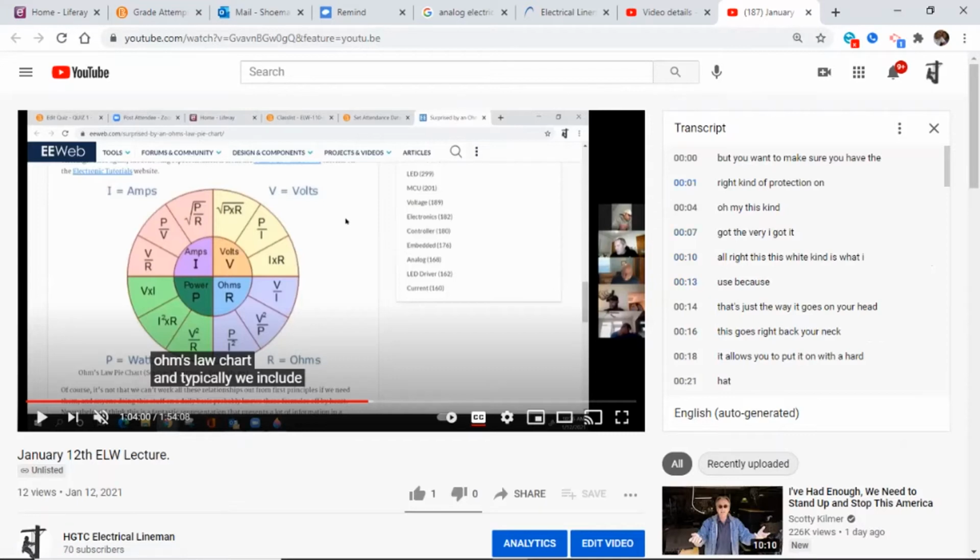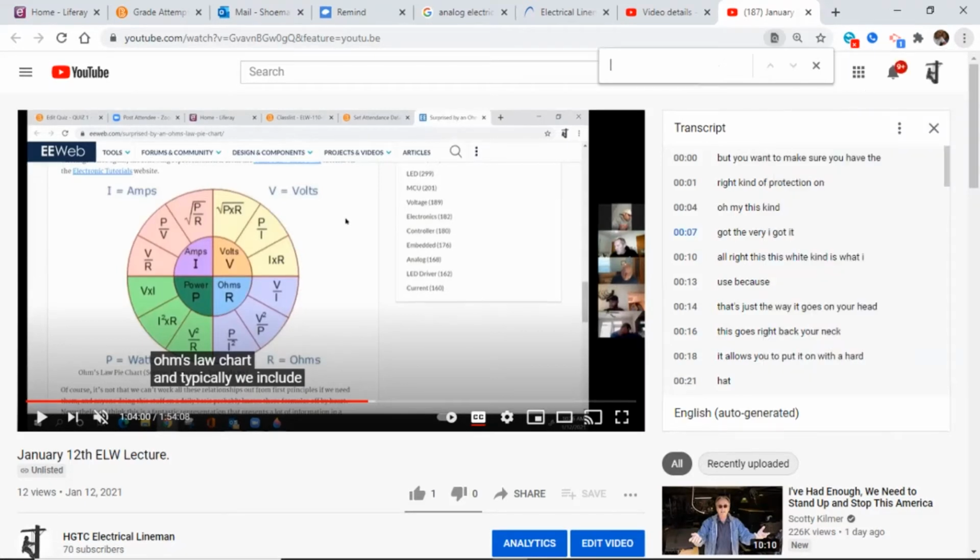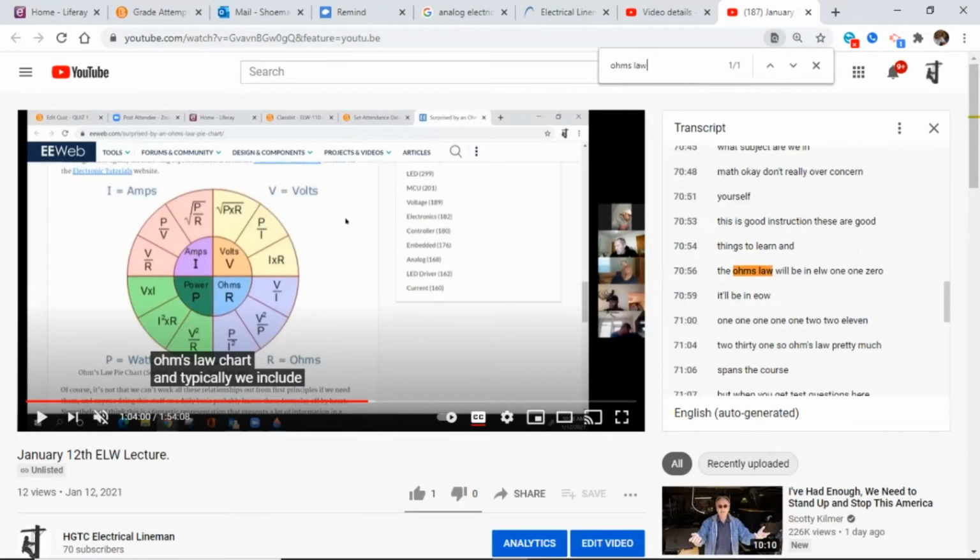You see how now you've got a transcription right here of everything that was said in the meeting. So what they have done, they'll be sitting on the test and they'll say, well, what did Professor Shoemaker say about Ohm's law? Go up to the 3 dots on the upper side of the browser. Find Ohm's law.